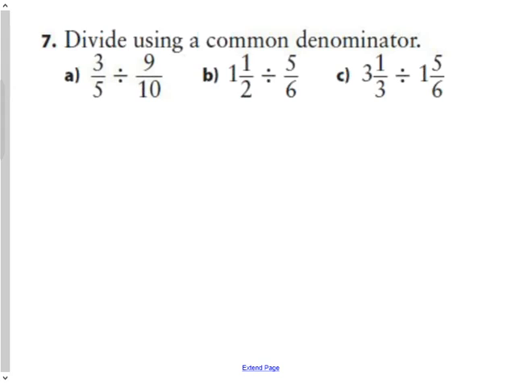Question B says 1 1/2 divided by 5/6. The first thing you need to do when dividing anything or multiplying anything, in my opinion, is change that to an improper fraction. So 3 over 2 divided by 5 over 6 is our first step. Don't work with mixed fractions.